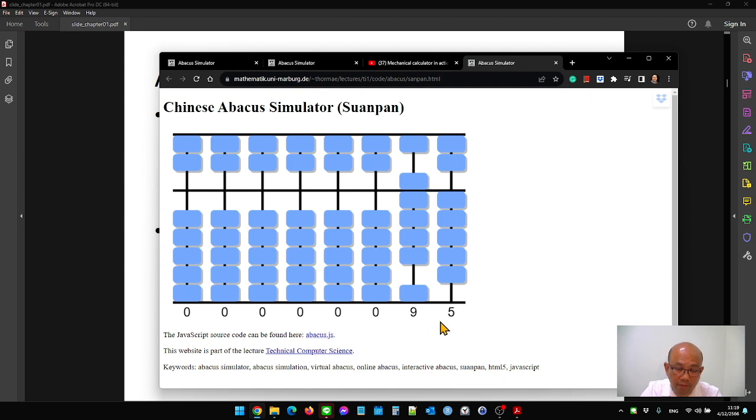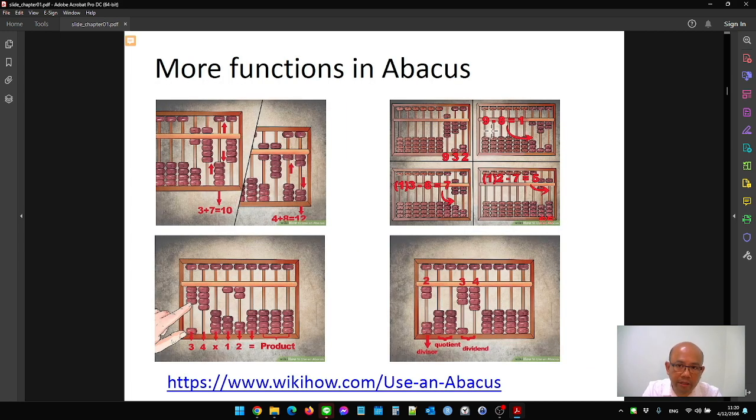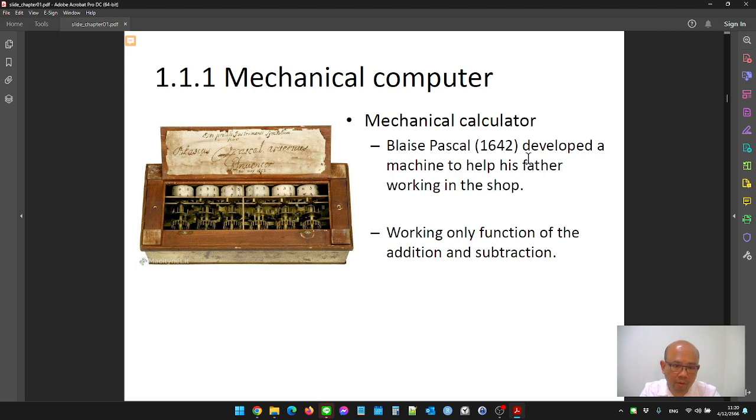This is 95. The abacus can calculate not only addition or subtraction, you can also calculate multiplication and division. You can search for this example on the internet from the links below. The abacus is in the group of mechanical calculators.